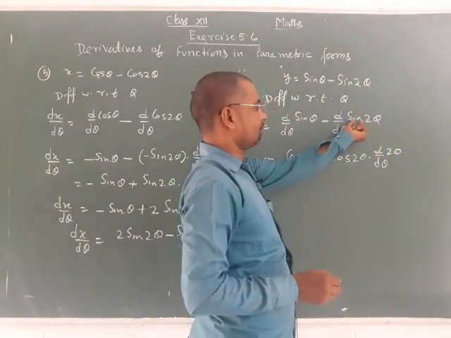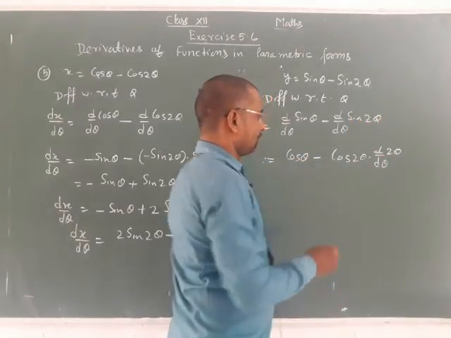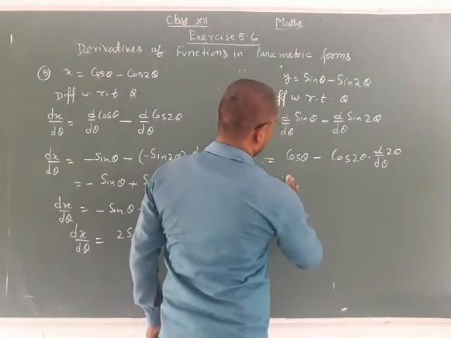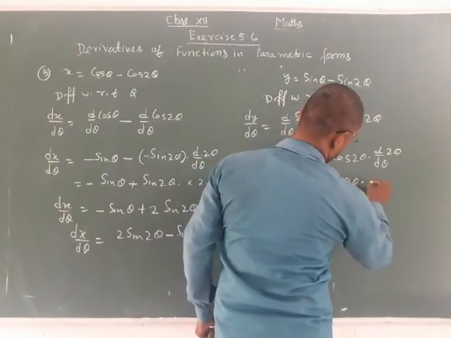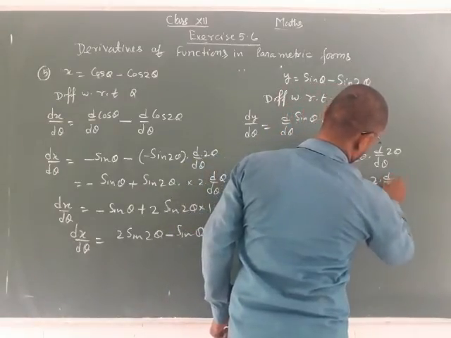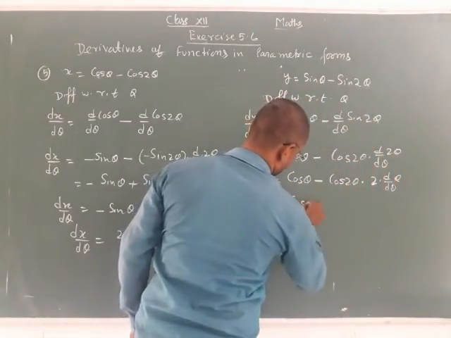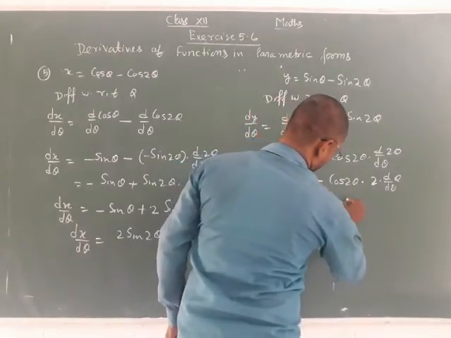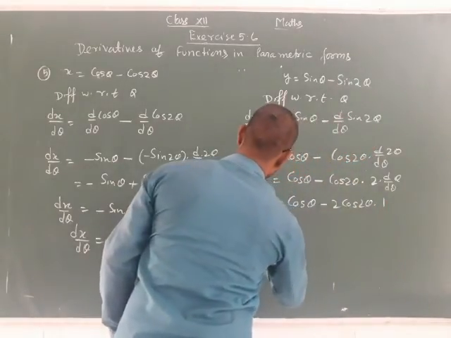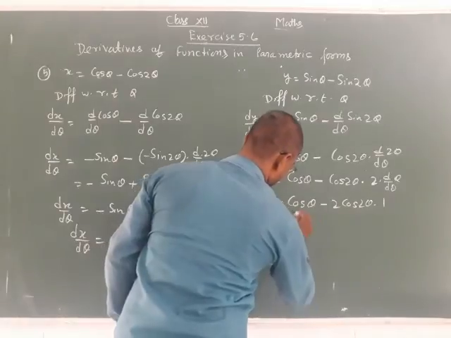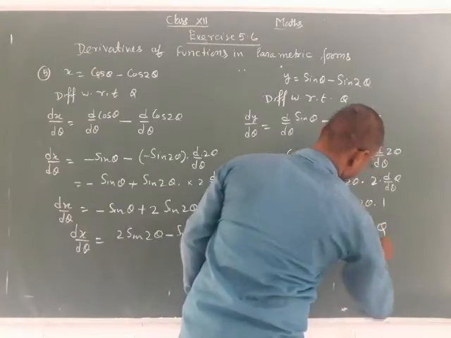So cos theta minus cos 2 theta into 2 into d theta upon d theta. Now 2 common out, so cos theta minus 2 cos 2 theta into 1. So dy upon d theta is equal to cos theta minus 2 cos 2 theta.